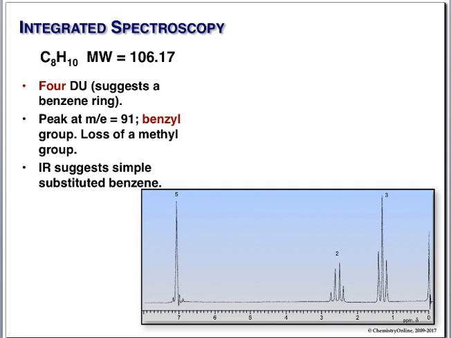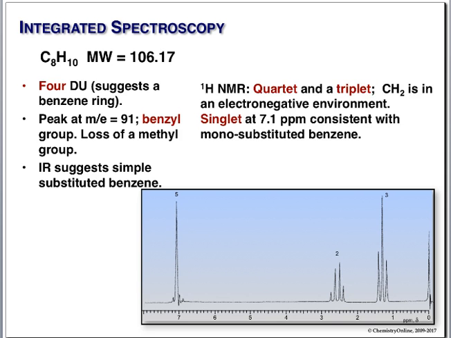What does that tell you? Loudly, I am an ethyl group. Quartet and a triplet. Our CH2 is mildly electronegative. CH3 is not. And we have a monosubstituted benzene here.